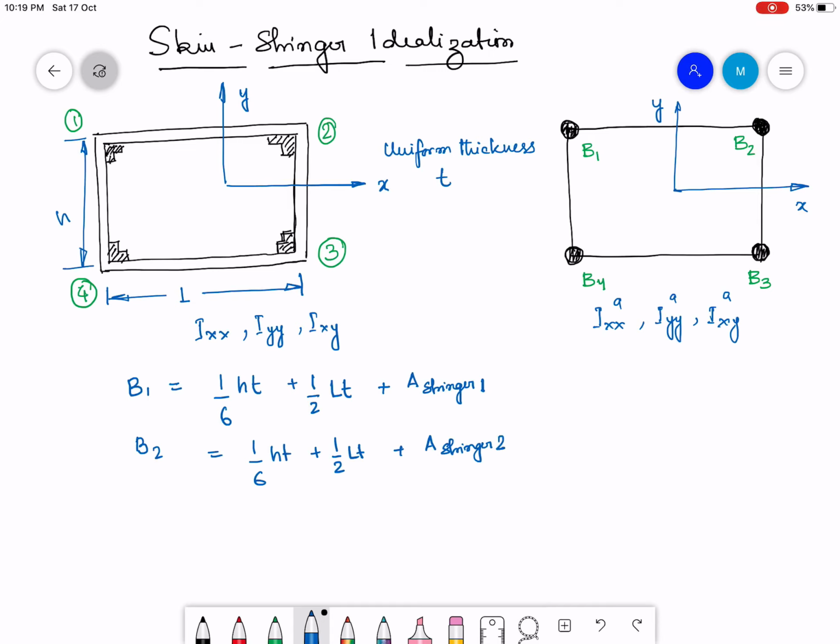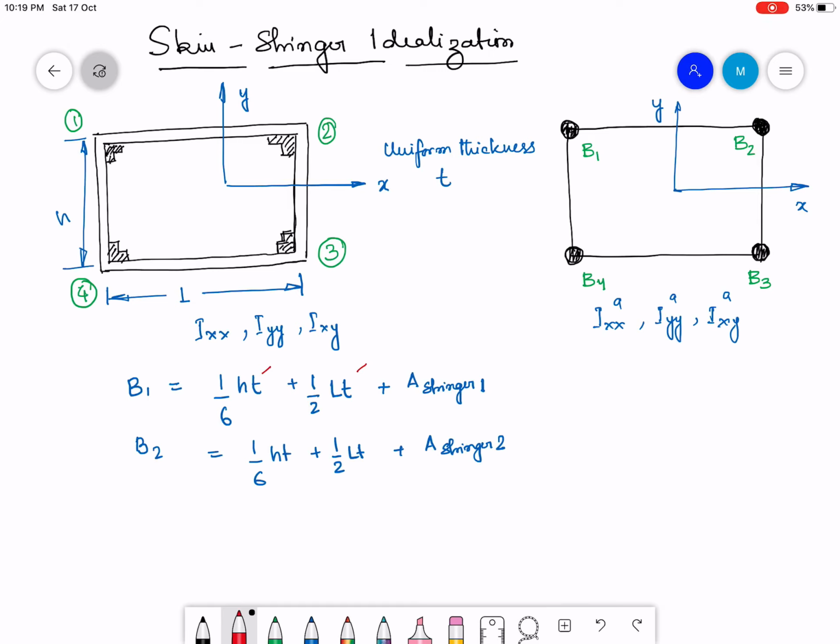So this is basically 1/6 of the area of the web. This is half of the area of the adjacent flange.